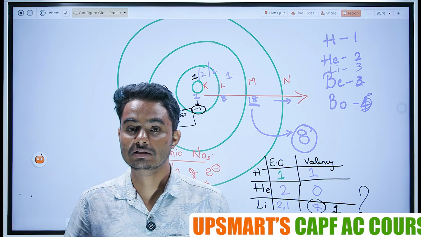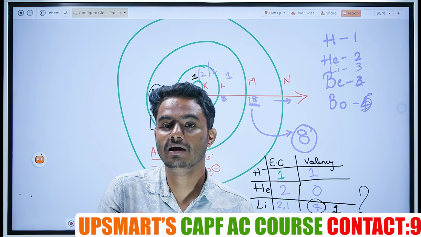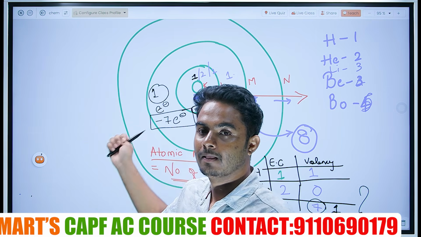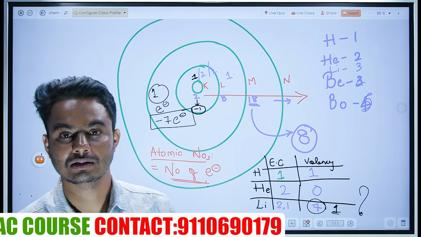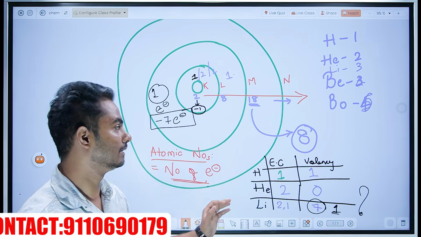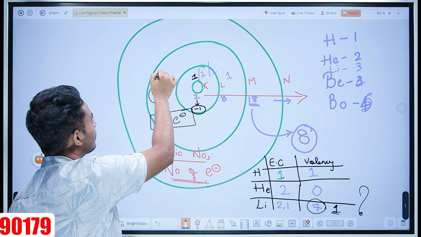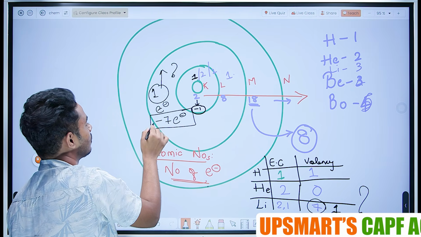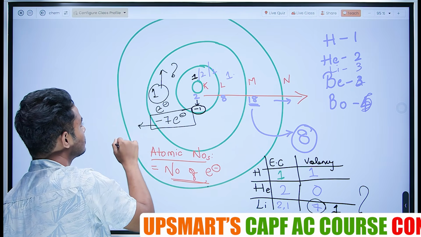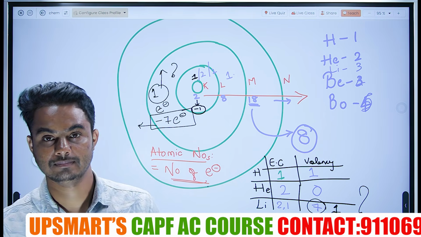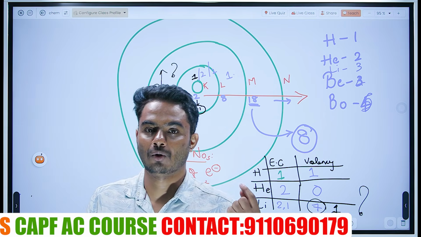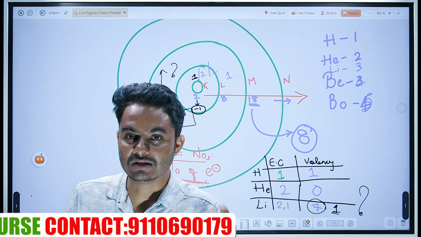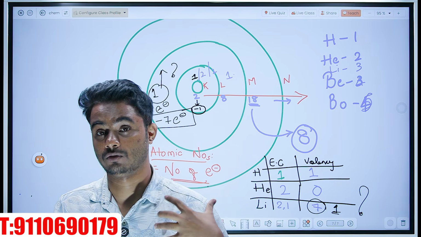Now, which is energetically practical and easier for the lithium atom to gain stability? It is either to gain 7 electrons or to lose 1 electron. Which is easier? Losing 1 electron is relatively easier than gaining 7 electrons.